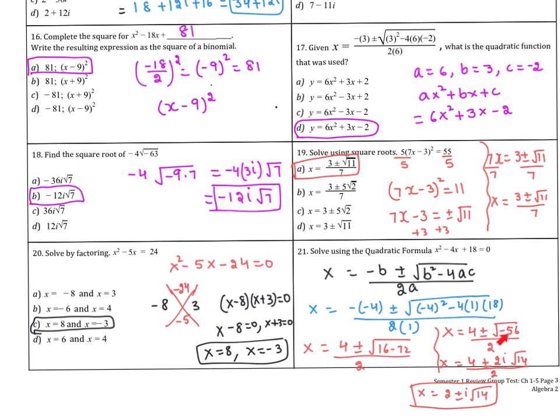This will give you negative 56, which we're going to break down as 4 times 14. And the negative comes out as i. So 4 times 14 means 2 outside, for square root of 4 will come out as 2. And now this 2 will divide the 4 and get 2. This 2 will divide this 2 and you get i here. So anytime you have numbers that you can divide, you have to reduce it and get the final answer.